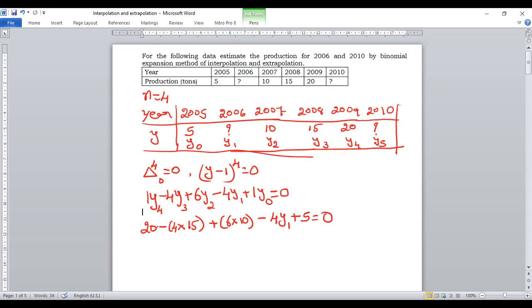Then now calculating, solve what is inside the bracket. That is 20 minus 4 into 15 is equal to 60, plus 6 into 10 is equal to 60, minus 4 into y1 plus 5 is equal to 0. Then 20 minus 60 plus 60 plus 5, that becomes 25, minus 4 into y1 is equal to 0.